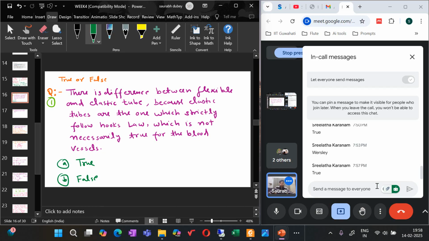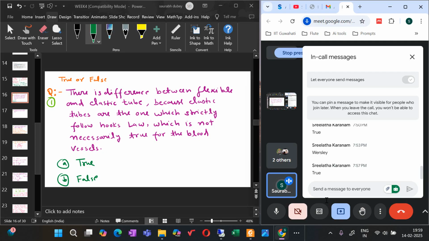Before the analysis started with Wilkinson's model, we understood that there has to be elasticity consideration during solving. So flexibility and elasticity, these two things are different.